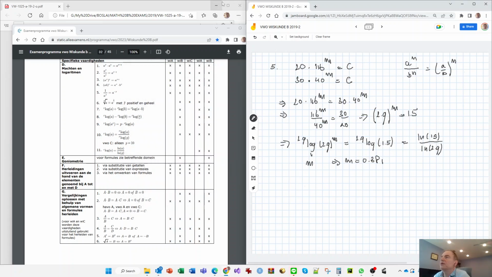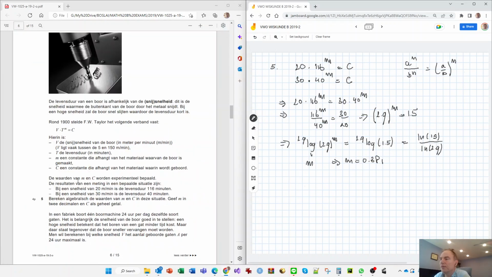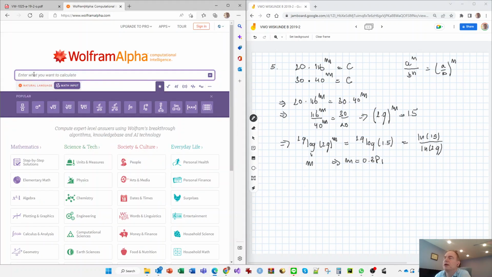And going back to the question, I found m now, and now we find C. I just opened Wolfram Alpha.